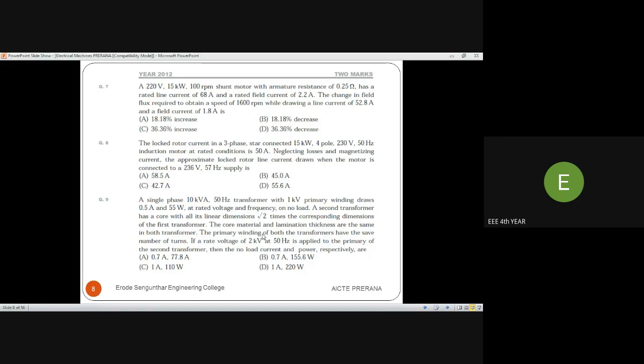The core material and lamination thicknesses are the same in both transformers. The primary windings of both transformers have the same number of turns. If a rated voltage of 2 kV at 50 Hz is applied to the primary of the second transformer, then the no load current and power respectively are. There are four options here.